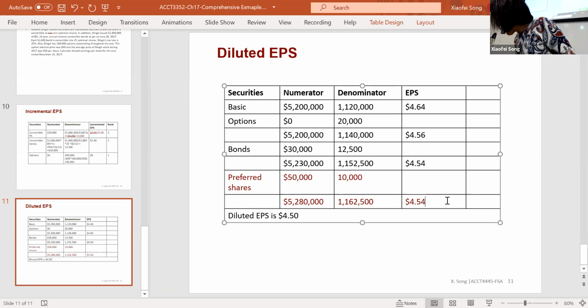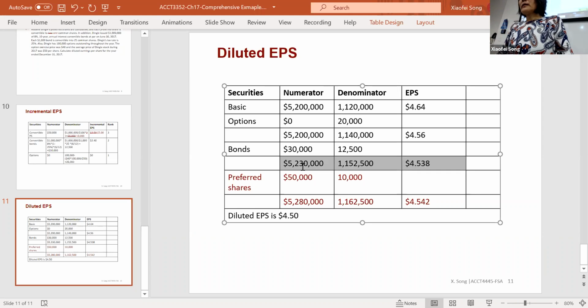So 1.4512. This one is 4.538. So there is a slight change, but it's so small. If you round it up, it doesn't show.